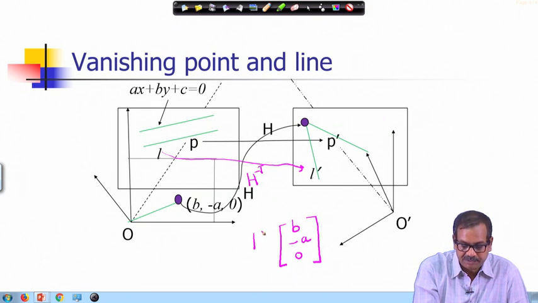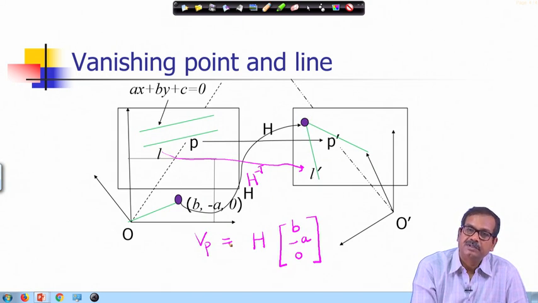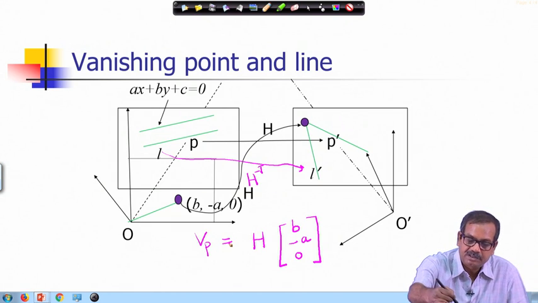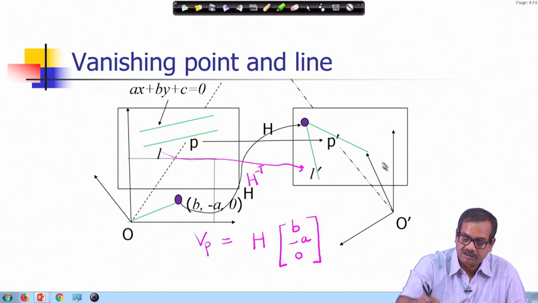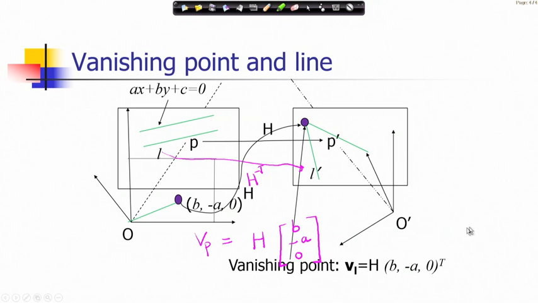If I multiply it with H, then I will get the corresponding vanishing point, that means the corresponding coordinates of this point in the projective space. So, this is a simple interpretation of a vanishing point, and that is what we have represented here.